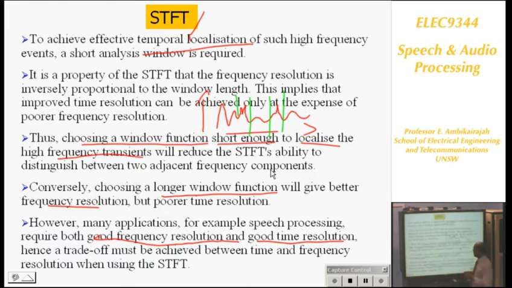Because then you know in speech signal, a signal like plosive, P, has got a burst of signal. If you look at the time domain, that's got a high frequency component, and we want to detect during which time window you got a plosive sound. That means the window for that will be small enough to retain that plosive sound. So when you're doing analysis of Fourier transform, window becomes very, very important.